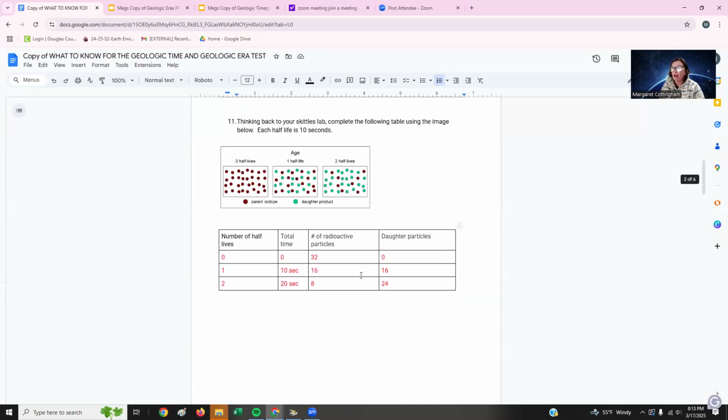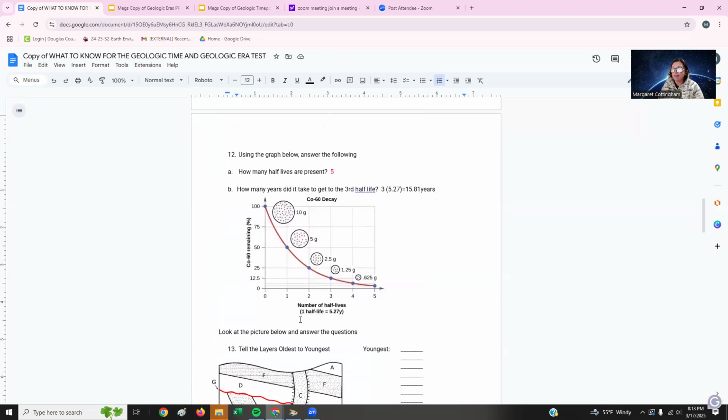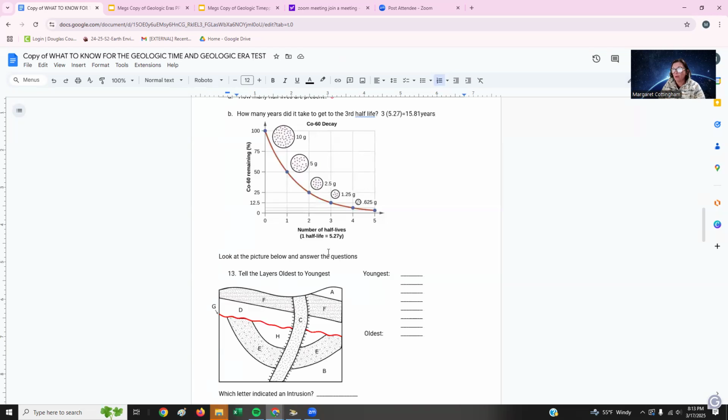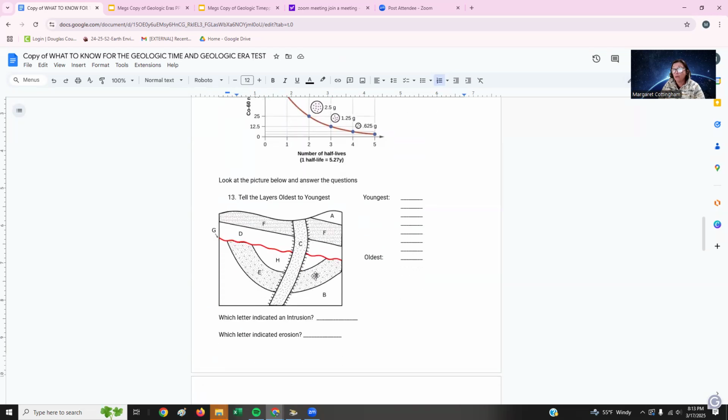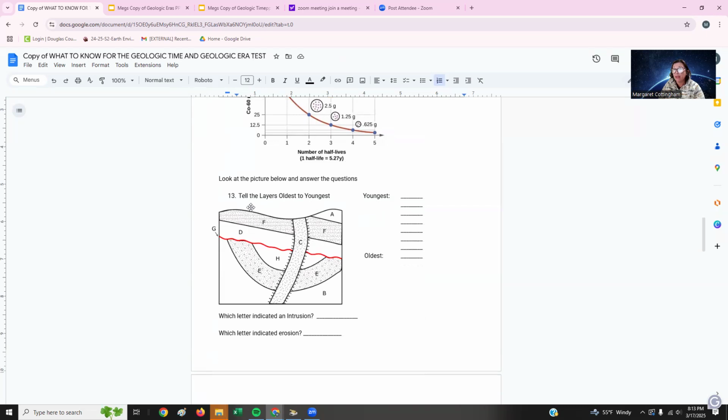Now I'll come back to that. Let's look at the picture below and answer the questions. Tell the layers from oldest to youngest. What's my oldest layer here?